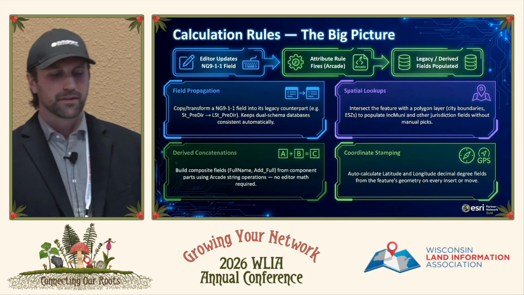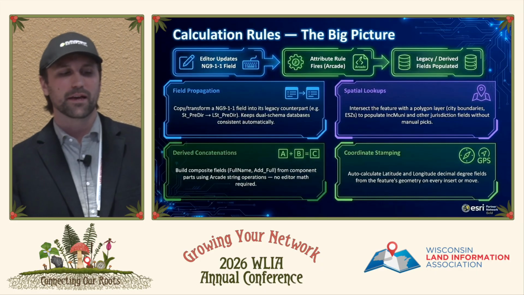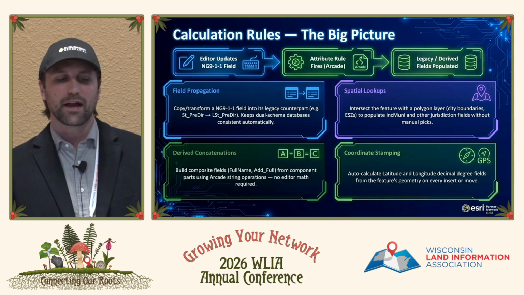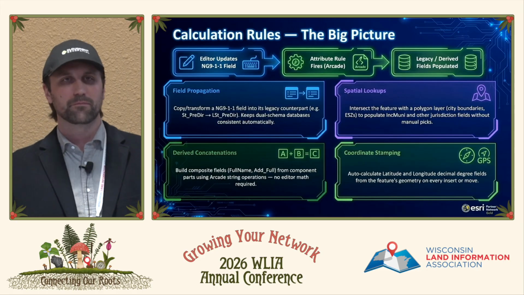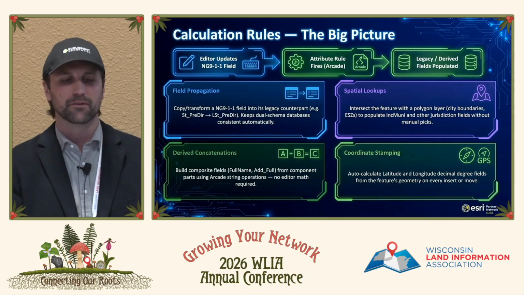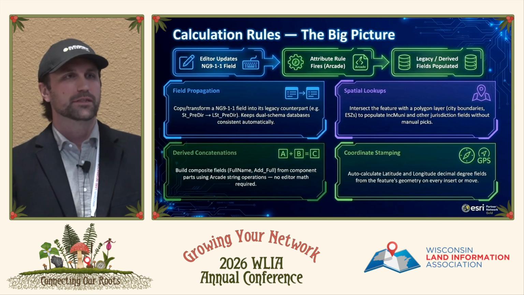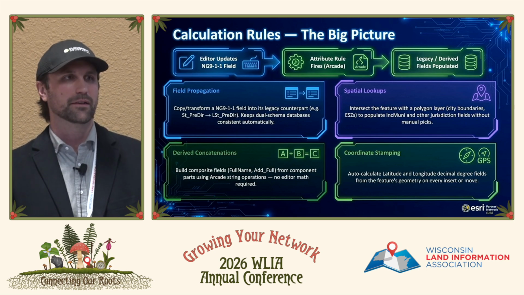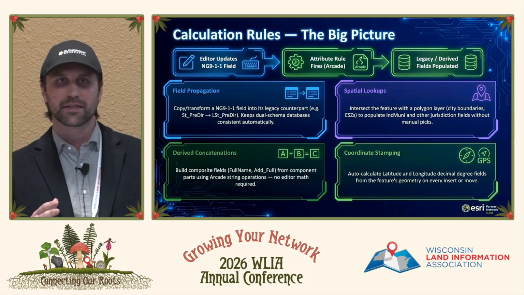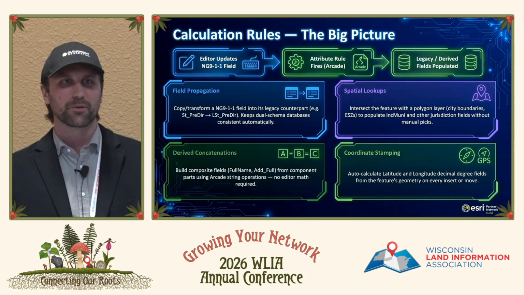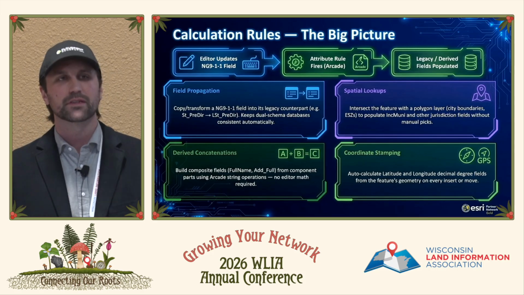So this is how it works. We have editor fields, then we have our attribute rule, and then it propagates into the legacy or derived fields. Field propagation is the most common when we have legacy predirections, legacy types.